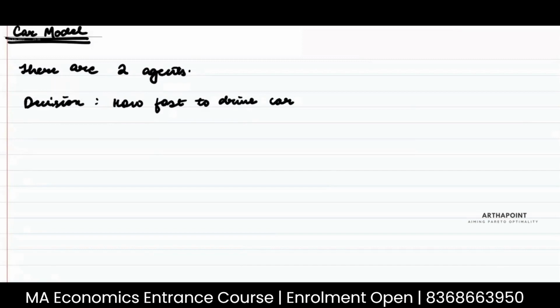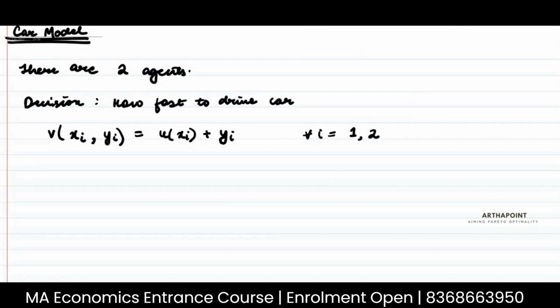And we're given the utility function. Let's say this is the utility function of agents. I represent it as u of xi plus yi for every agent i. I'm just taking two agents, so i can take value 1 or 2. If it is agent 1, it will be u of x1 plus y1. If it is agent 2, it will be u of x2, y2.